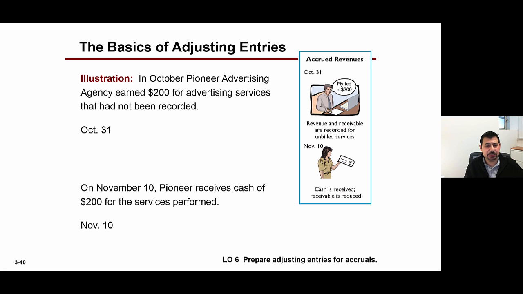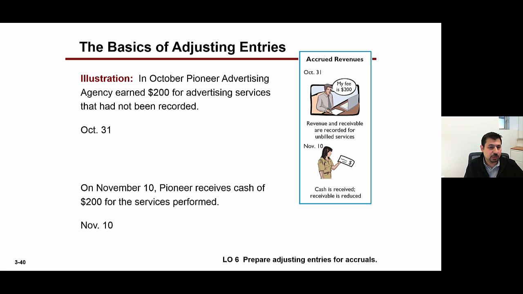Let's take this example. In October, Pioneer Advertising Agency earned $200 for advertising services that had not been recorded. They provided the service, but they did not record it. So at the end of the month, because they earned it, they have to recognize it.